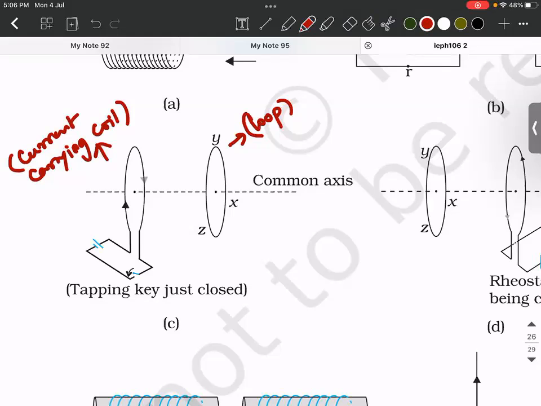When you close the key, how is the current in the coil going to be? First, you have to look at the center. Whichever side you are able to see the center, you mark your eye there. So when you see it from this side, is the current revolving in clockwise direction or anti-clockwise?